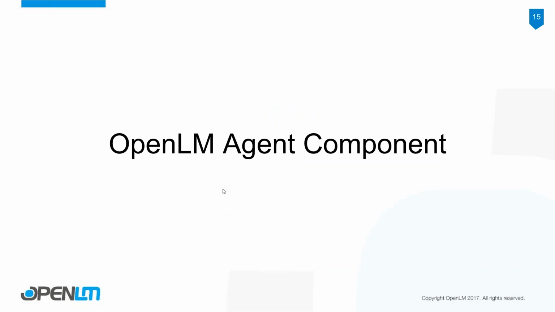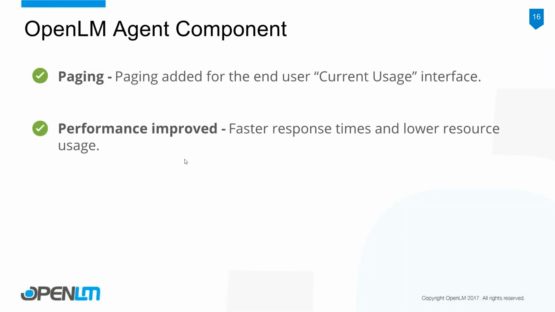The next component that was enhanced is the OpenLM agent. Now, the OpenLM agent had its performance greatly improved with much faster response times and much lower resource usage. Also, the traffic load has been decreased.